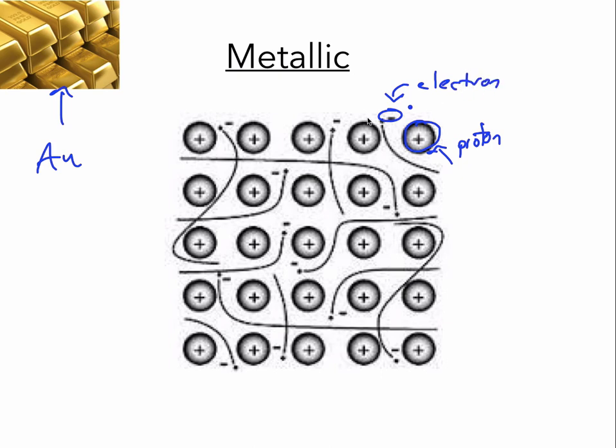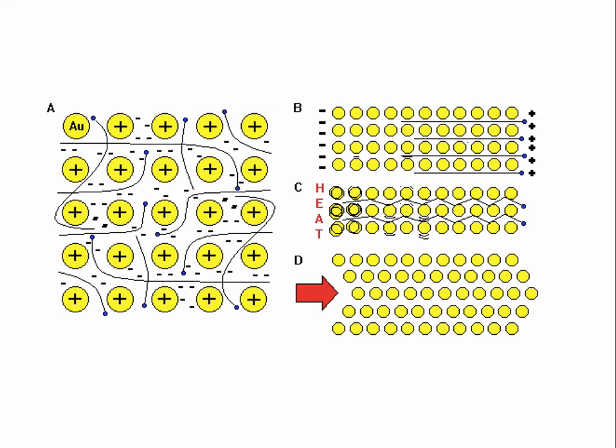But what's really great is these electrons swim around all these different nuclei, and that creates that sea of electrons that we were talking about. Now, depending on the ability for these electrons to move, the metallic bond is either stronger or weaker. We see some interesting characteristics. If we look at gold specifically, it's very malleable.